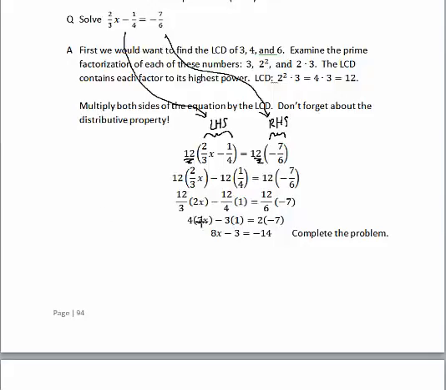We take these new factors, 4, 3, and 2, we multiply the parentheses, we get 8x minus 3 equal negative 14. This is much easier to solve than the original version of the equation with the fractions.